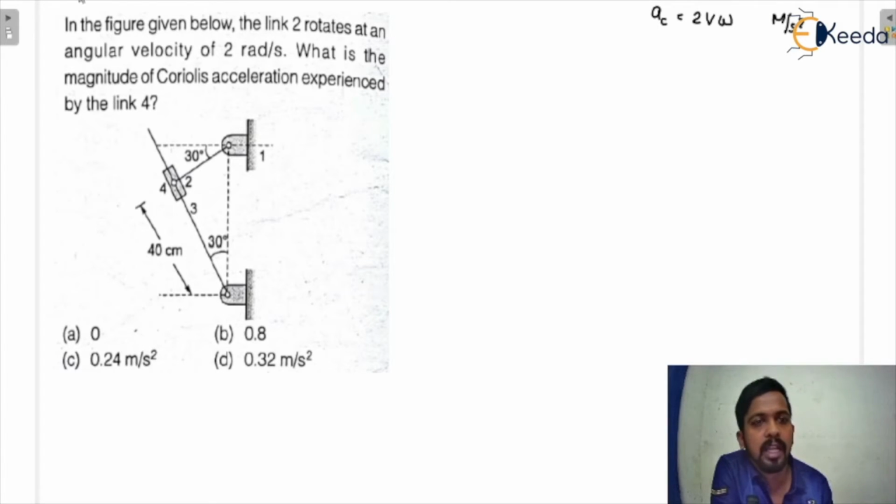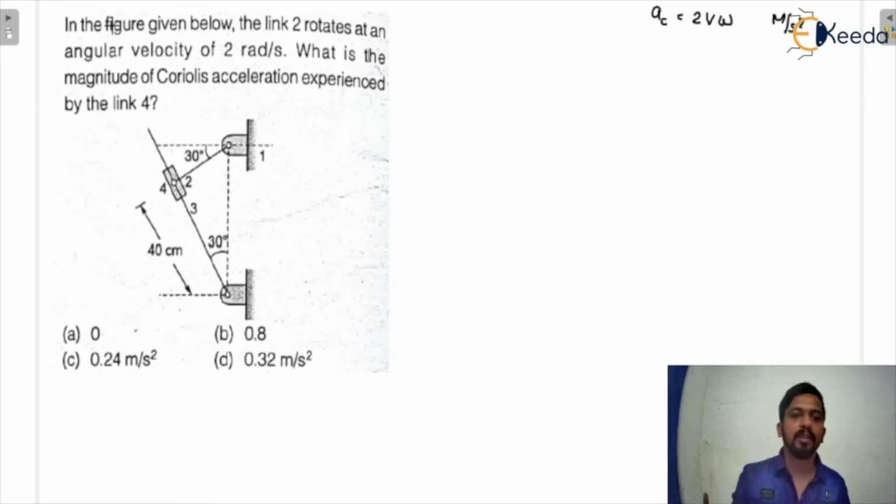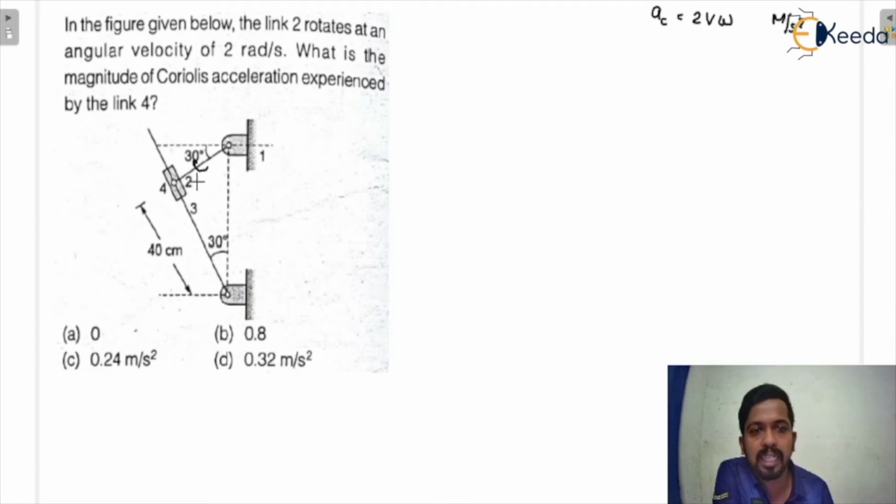Now in the question it is given that in the figure below, the link is rotating with an angular velocity of 2 radian per second. What is the magnitude of the Coriolis acceleration experienced by link 4?